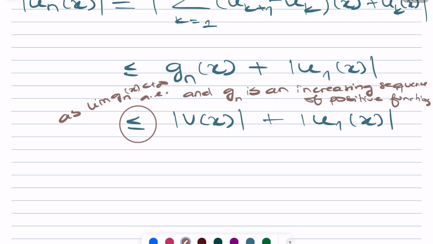So there exists a function v in LP such that the terms of the sequence are upper bounded by the absolute value of v of x.